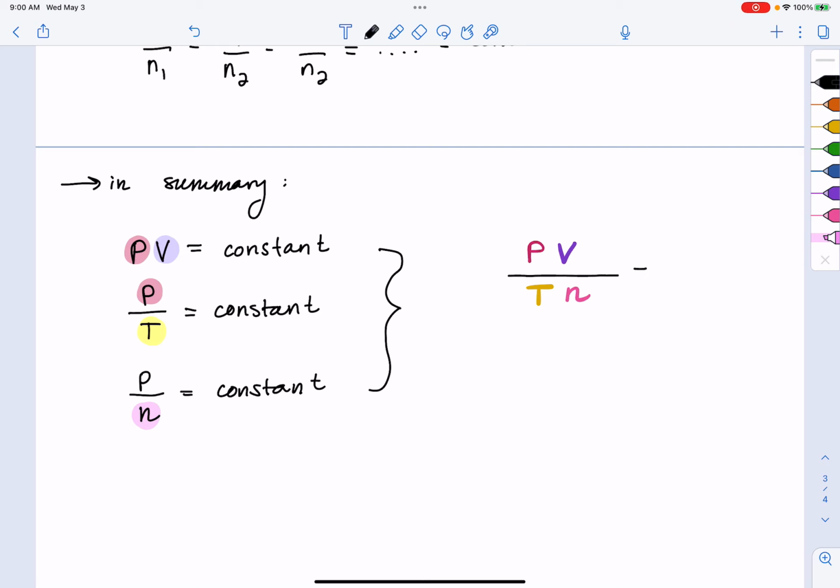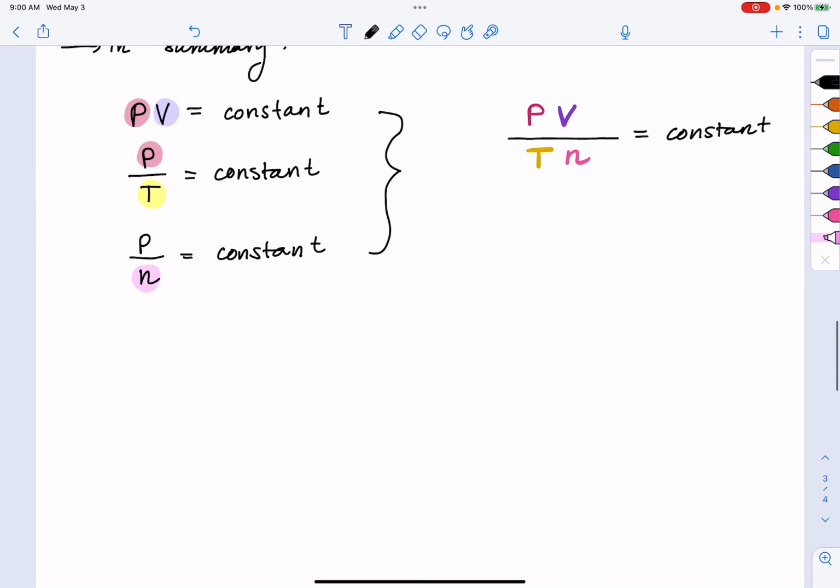And all of these are going to be equal to some constant that relates pressure, volume, temperature, and moles. So putting this all together in a nice tidy little box, PV over nT is equal to a constant.